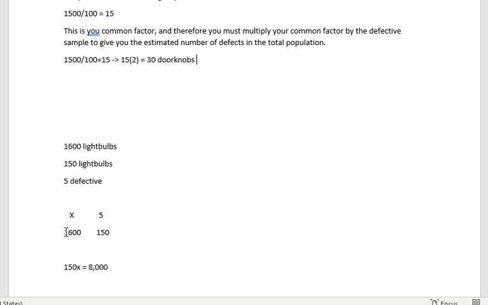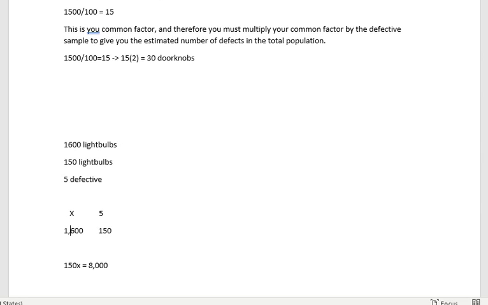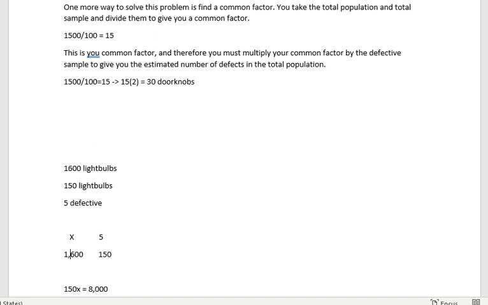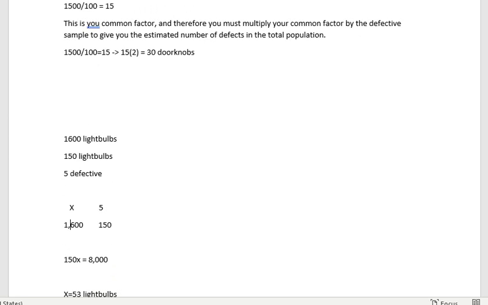X over 1,600 equals 5 over 150. We cross multiply to set up an equation, which gets us 150x equals 8,000. Dividing so that we have x on one side and everything else on the other gets us x equals 53 light bulbs.